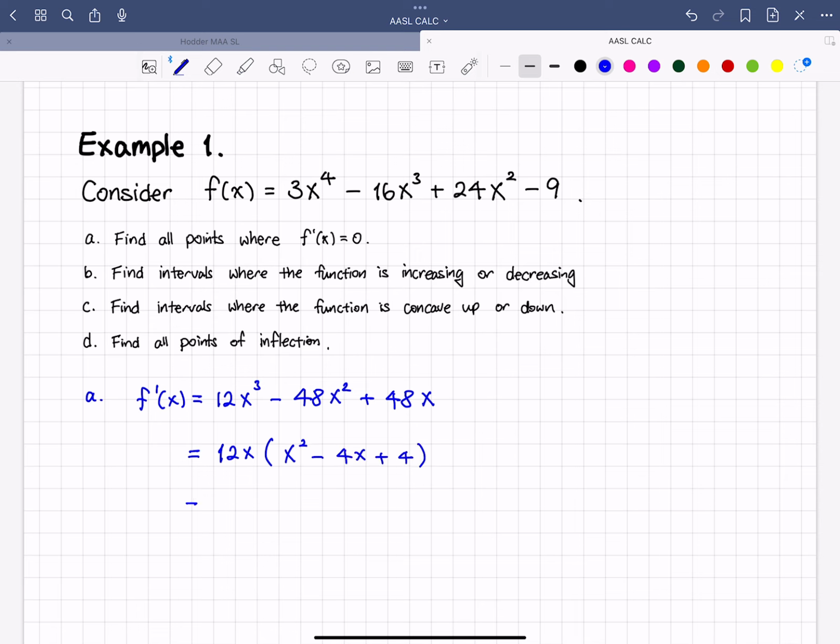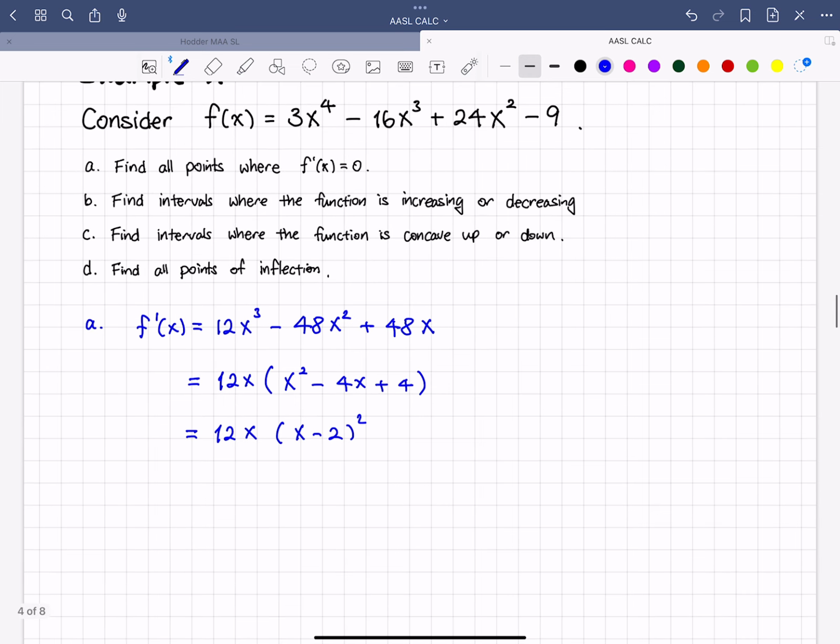Okay, and then I can factor out the quadratic inside as well. There. Okay, so when is this going to be 0? f prime of x is 0 at x equals 0 and 2. Cool. Those are the places where f prime is 0.